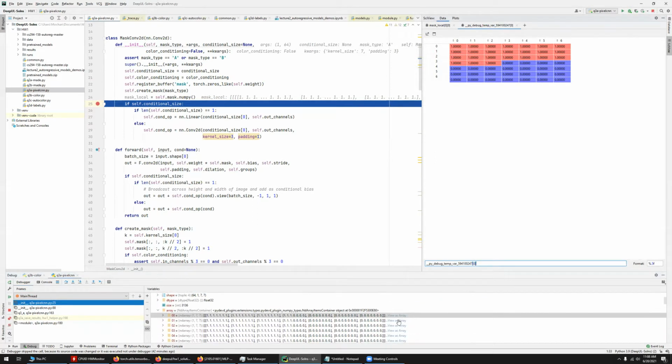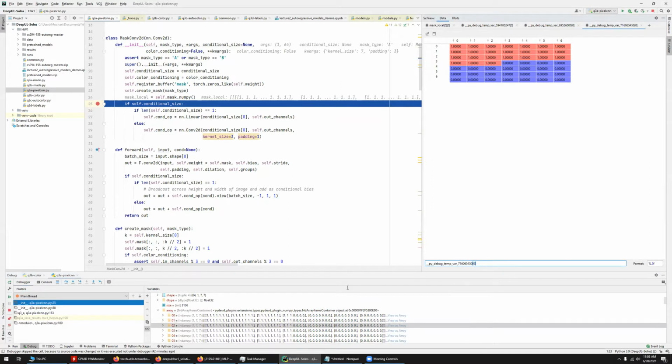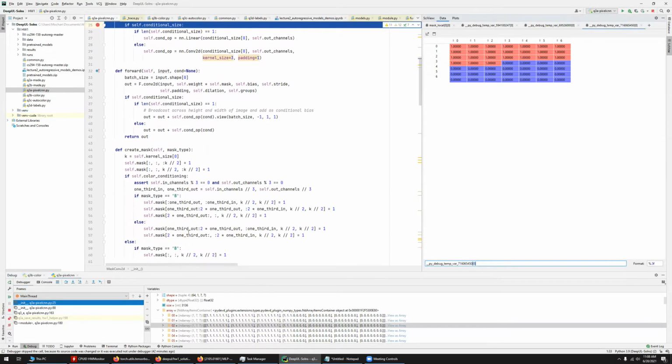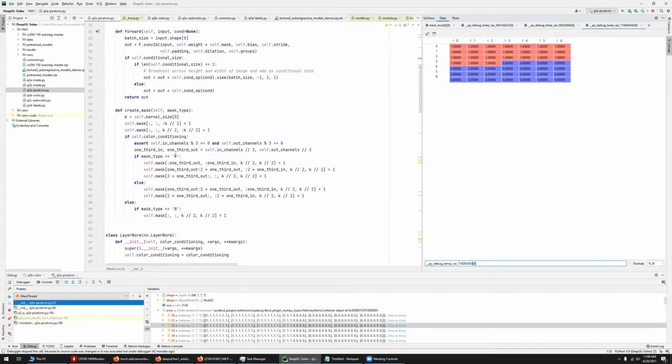This is what they call type A. It's not explicitly said here, but it's either type A or type B, and the only difference is this pixel being 0 or 1. In type A it's 0, and in type B it's 1.